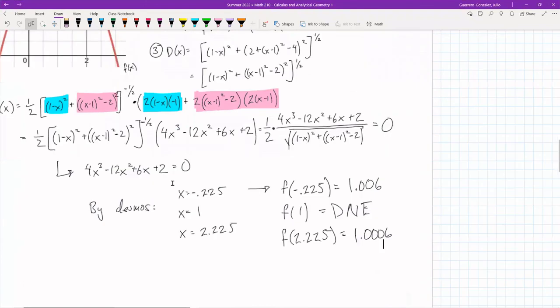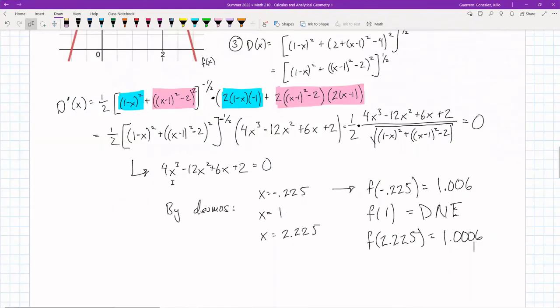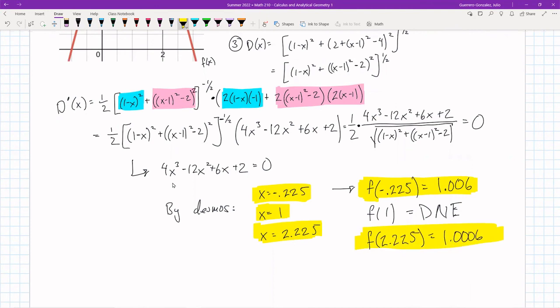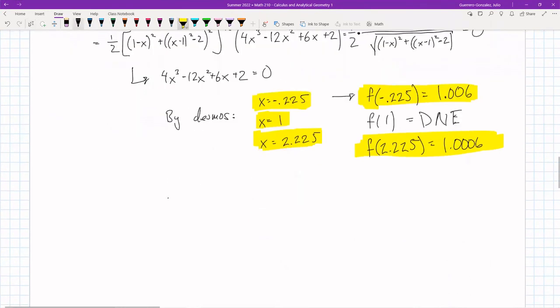From our previous section, we know that the maximums and the minimums have to happen at these critical values, and it just so happens that we found the distance that does them. The original question, so this is the end of part 3.